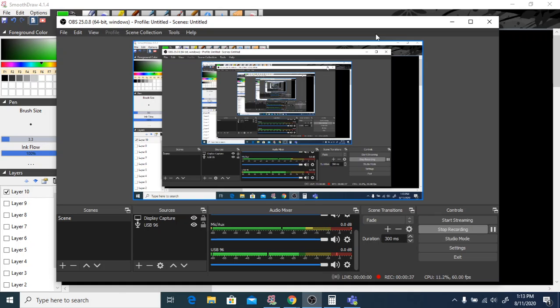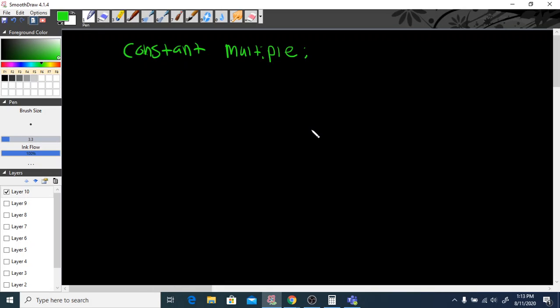Okay, let's get started. Anyway, constant multiple. First, I'm gonna do an example first. This and the sum rule, they're all really simple.